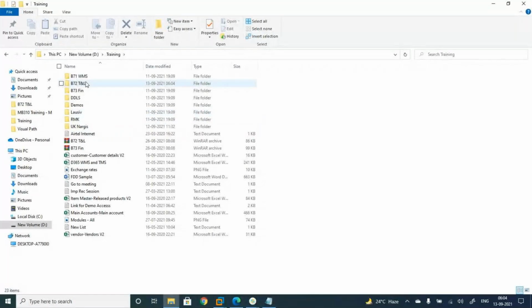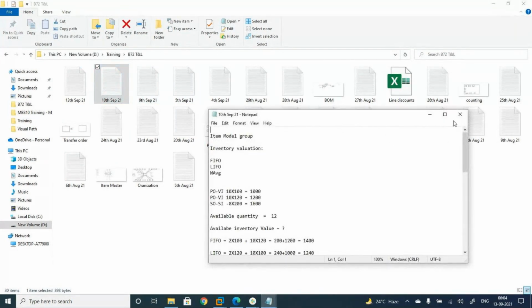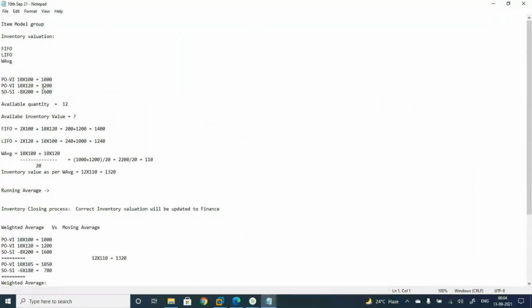I'm sharing my screen first. Let me open the file we discussed last Friday, 10th September. If you map FIFO, what happens?